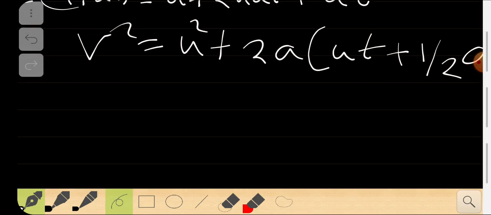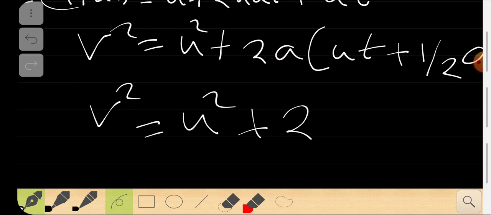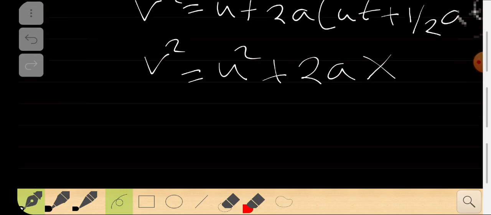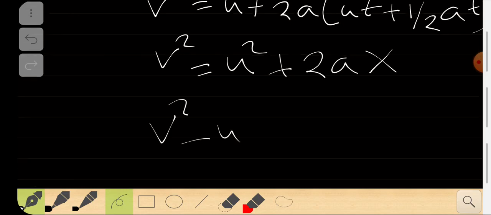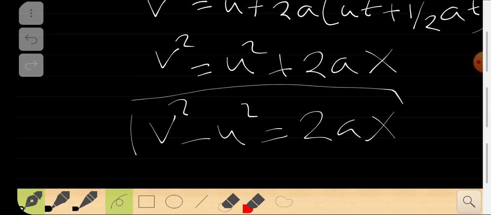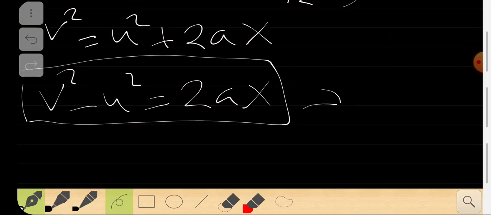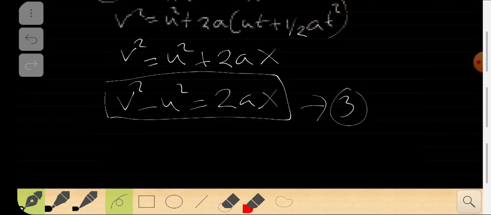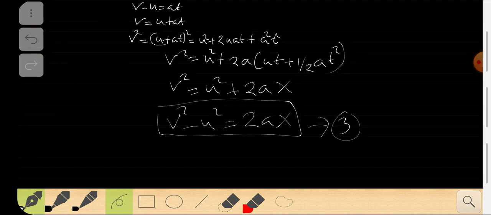So you get v square is equal to u square plus 2ax, right? Or you can write v square minus u square is equal to 2ax, which is the third equation of motion.